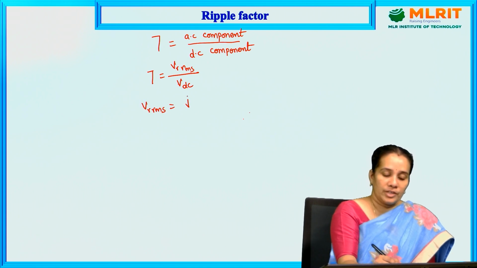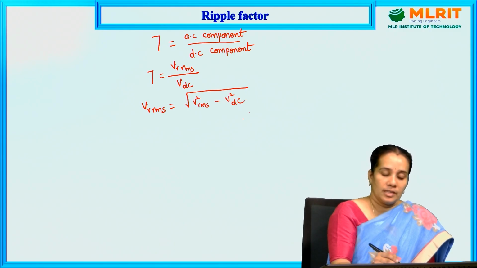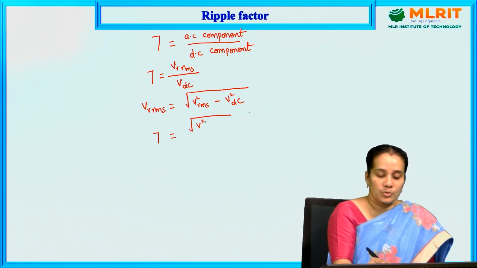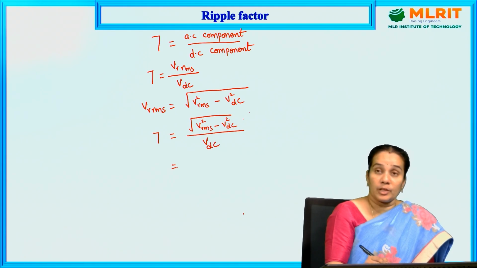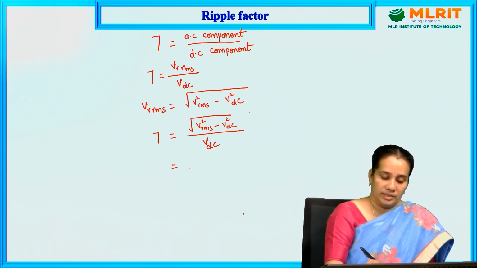AC component is equal to under root of V square RMS minus V square DC. So tau is equal to under root of V square RMS minus V square DC, by VDC. Now we apply the root and square for the denominator term. Then what is the equation? Under root of V square RMS by V square DC minus 1.